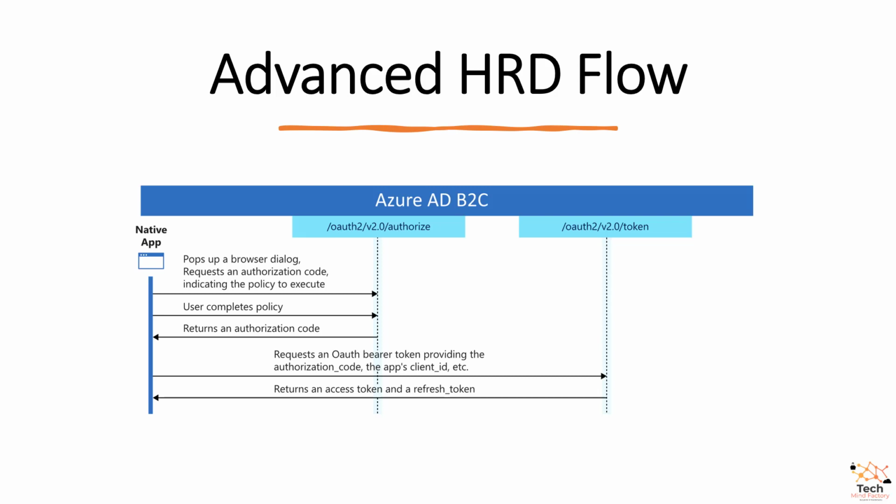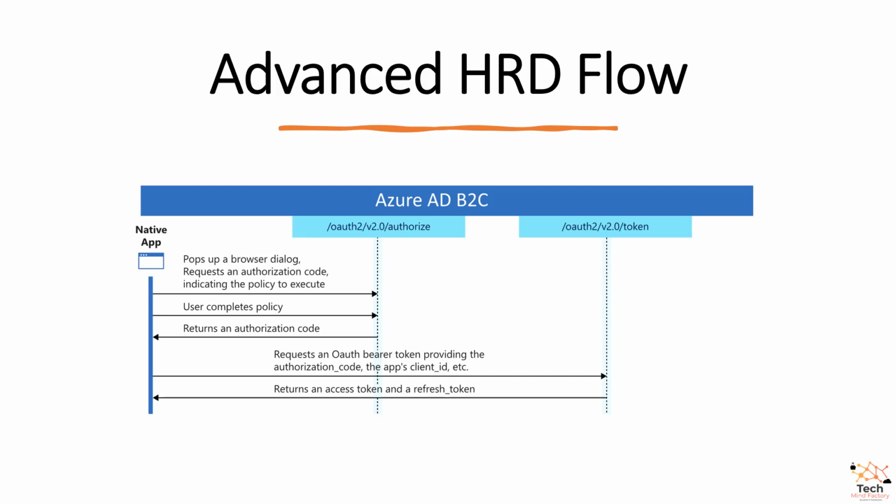But let's start with the simple authorization code flow here. Let's explain it again, just to make sure that we are on the same page. When we click the login button in the application, we are redirected to the authorization endpoint of Azure AD B2C. We sign in there, we provide username and password, and then the state and the code are returned to the application, so the authorization code is returned to the application.